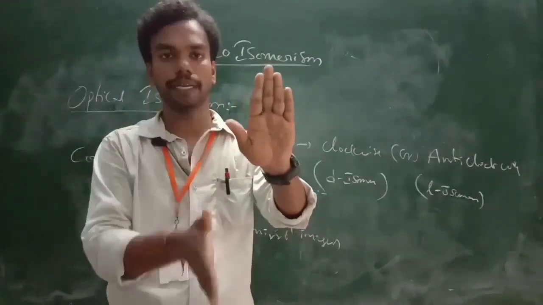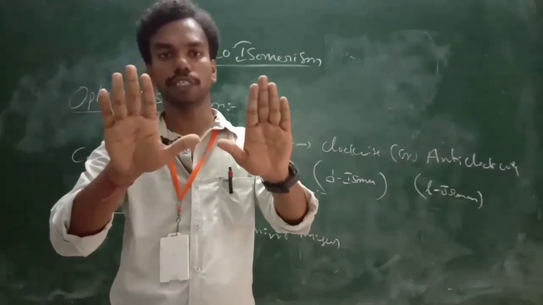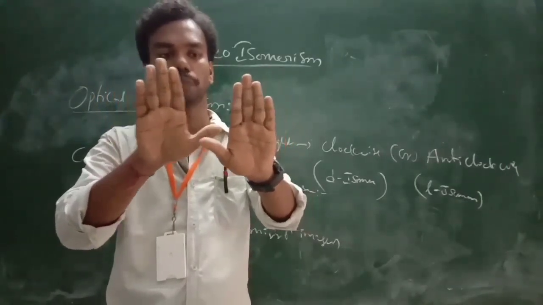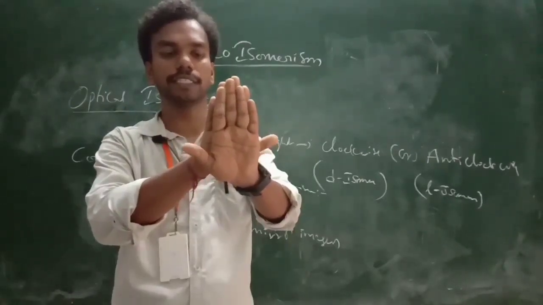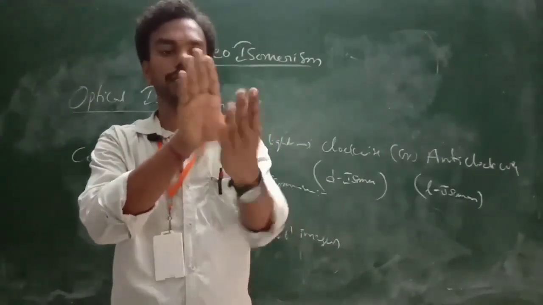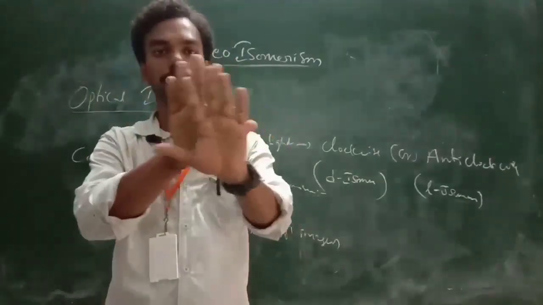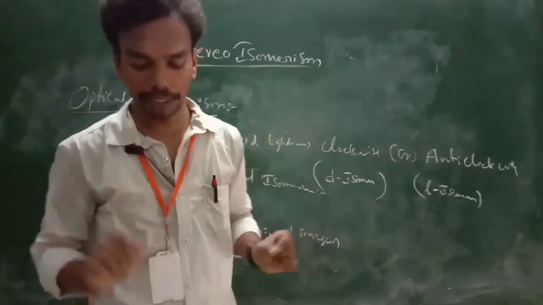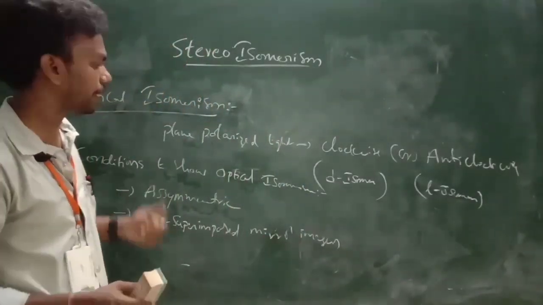If you place a mirror between these two hands, they are mirror images of each other. If you impose this hand on the left hand, they are non-superimposed, whereas this is superimposed. So the mirror image should be non-superimposed. These two are the conditions.